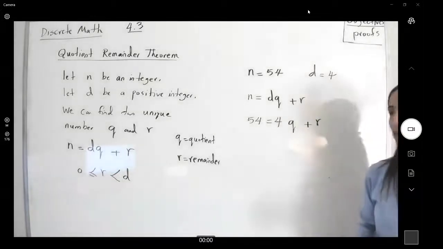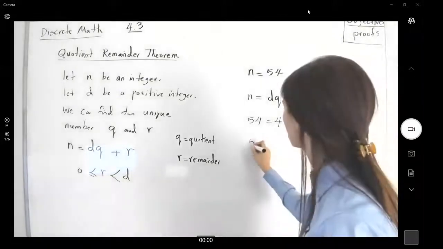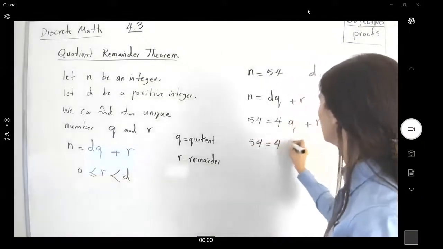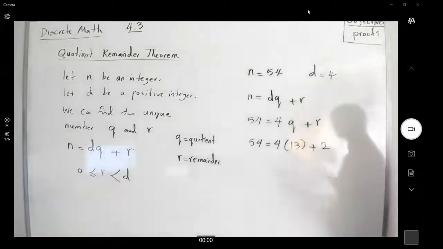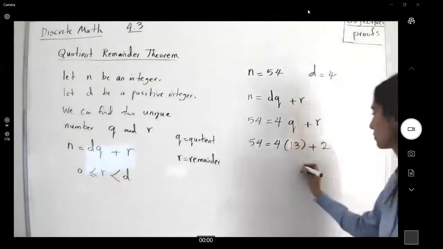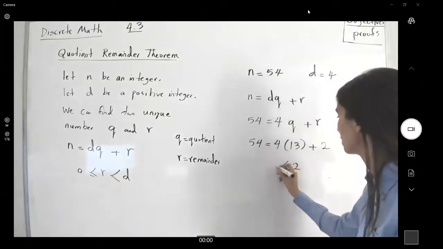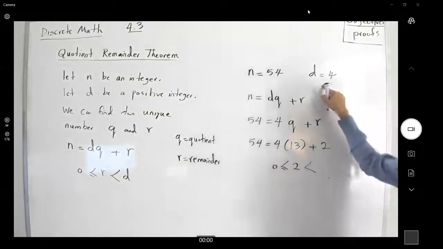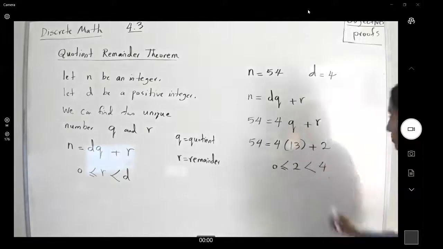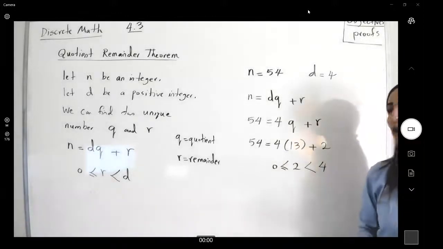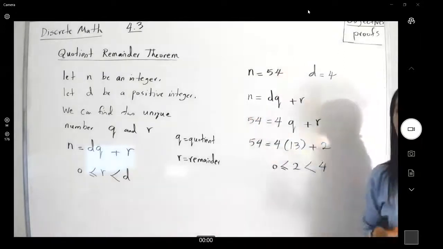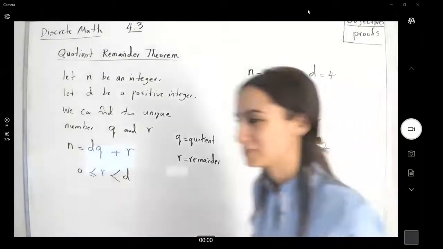It's nothing but the division. So 54 is equal to 4 times 13 plus 2. And note that 2 is in between 0 and d. This theorem, which is very important, is called the Quotient Remainder theorem.